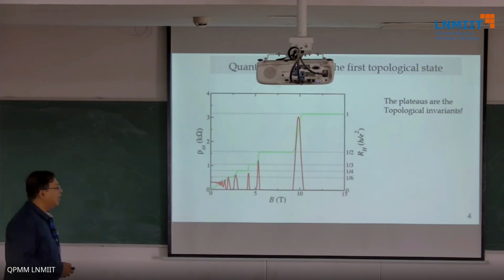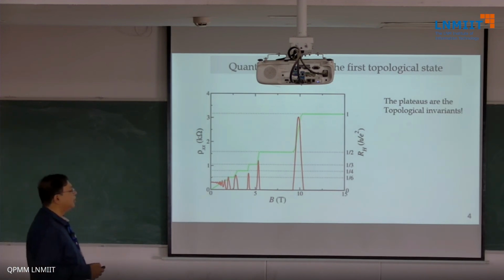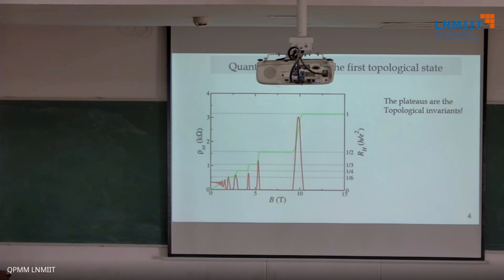And everything started with this example of the quantum Hall effect, which was reckoned to be the first topological state of matter. And what you see in green is the Hall conductivity or the Hall resistivity here. So these are shown in green, and what you see in red is the longitudinal conductivity.